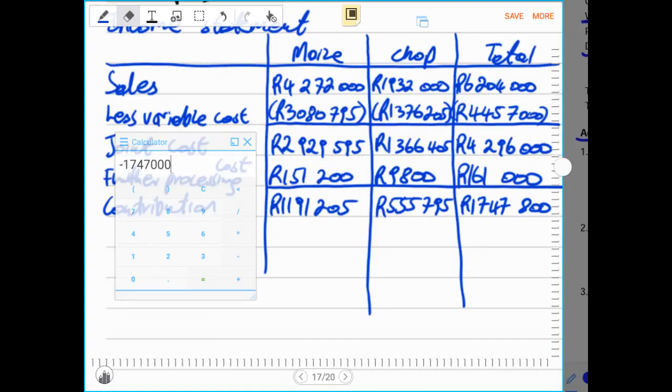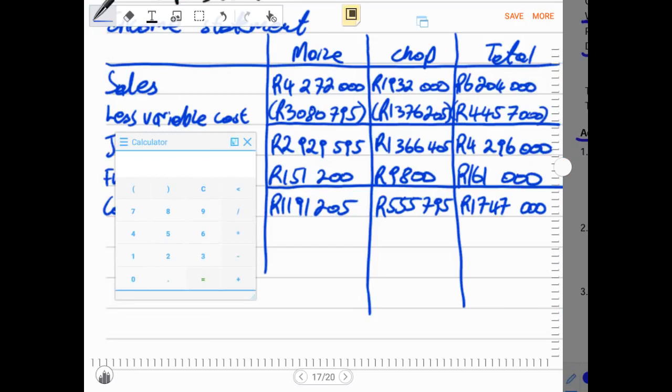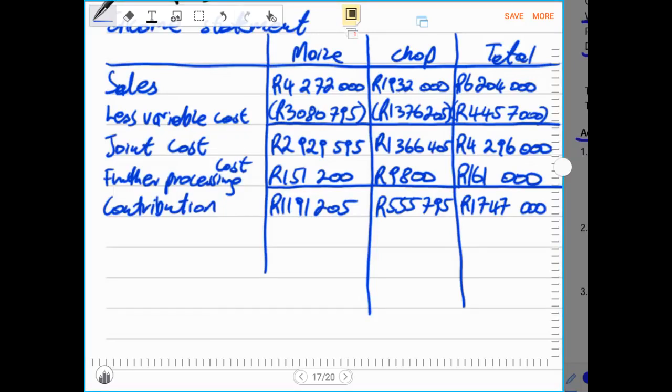If we go down that side, that becomes the correct figure, 1,747,000. So now that will be the correct figure.